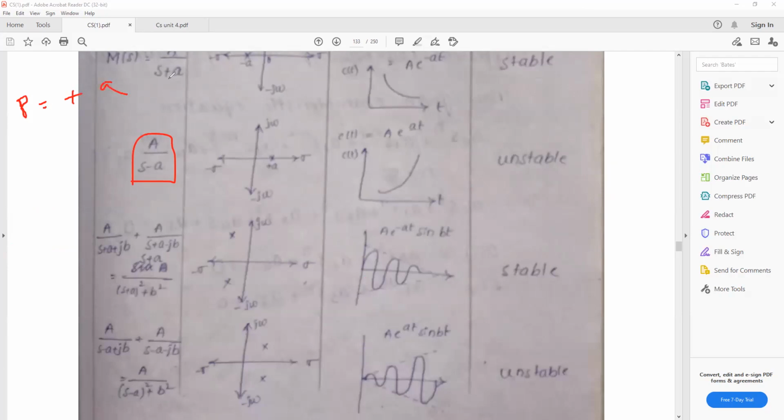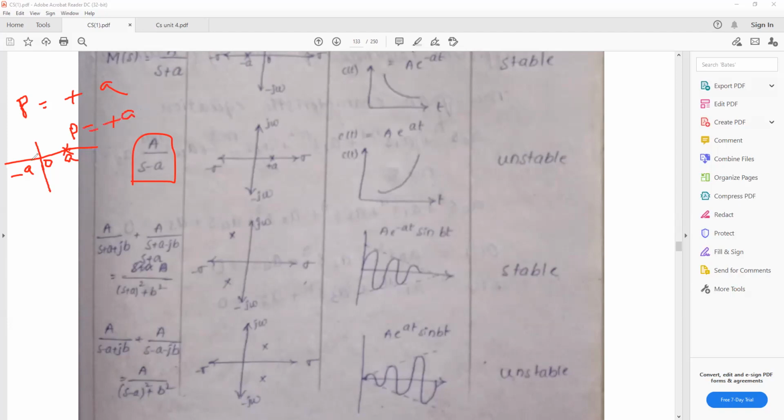Draw the pole-zero plot. In the middle is the origin, this is the negative x-axis, this is the positive x-axis. So the pole is equal to plus a.